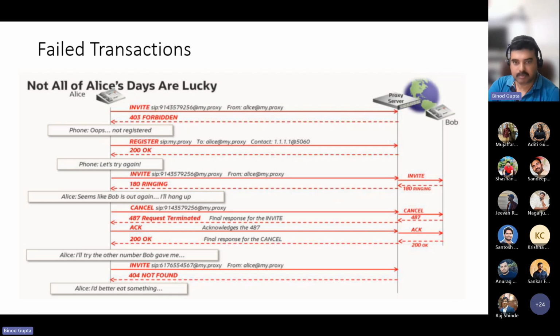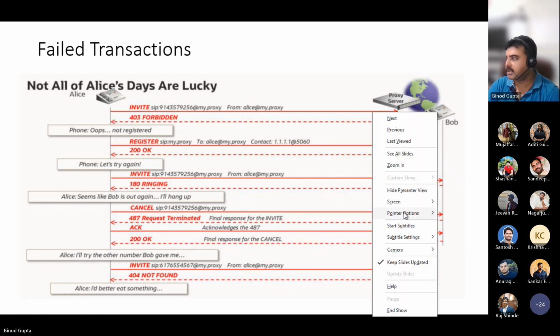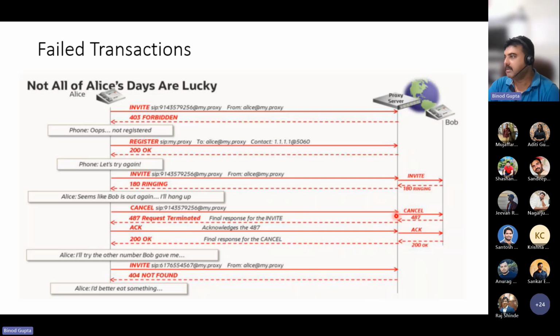And for this kind of 487, whenever you see a CANCEL request, or say CANCEL method, it will result in two compulsory responses.